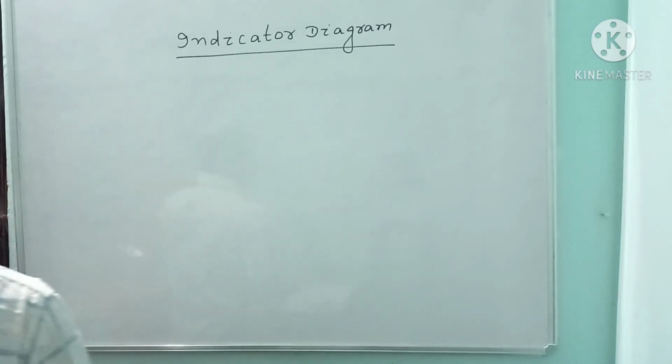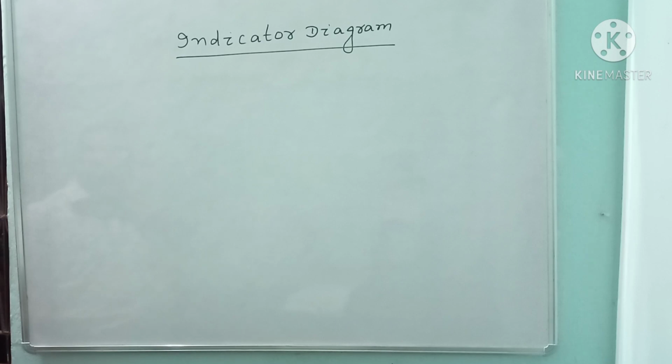So students, what is an indicator diagram? This is the graphical representation of state of system with the help of two variables. So students, what is indicator diagram?